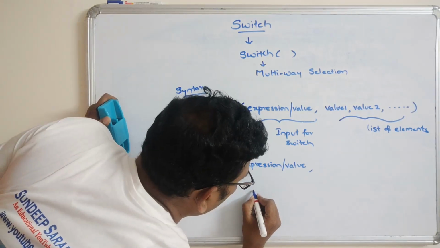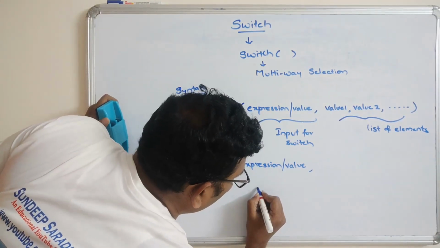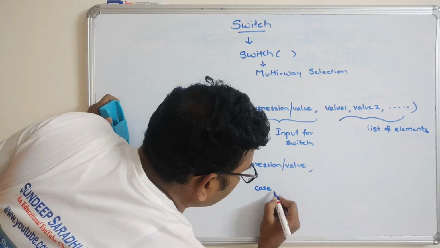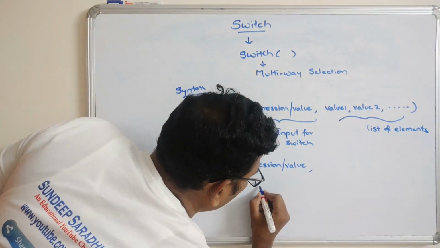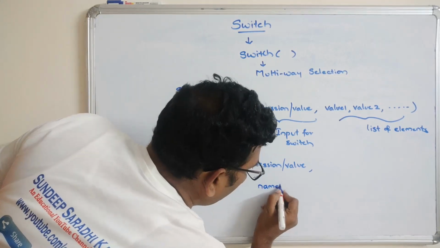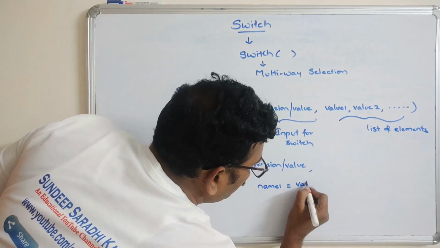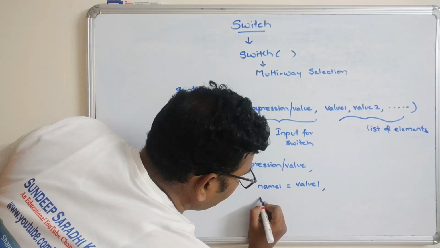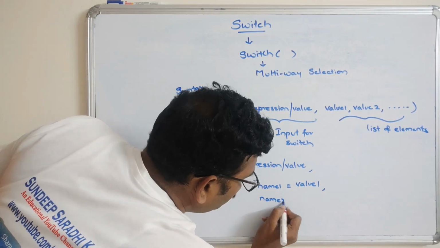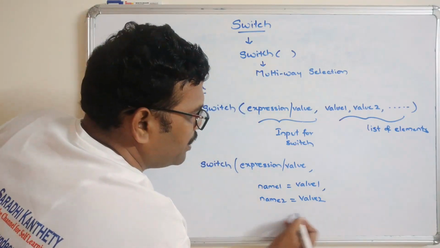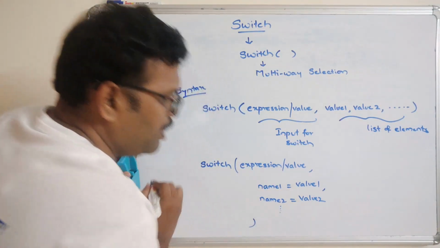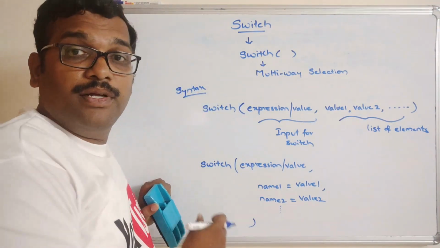We write it as name1 equal to value 1, comma, name2 equal to value 2, and so on. This will be the second syntax.